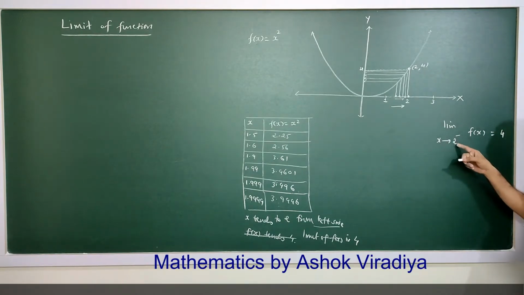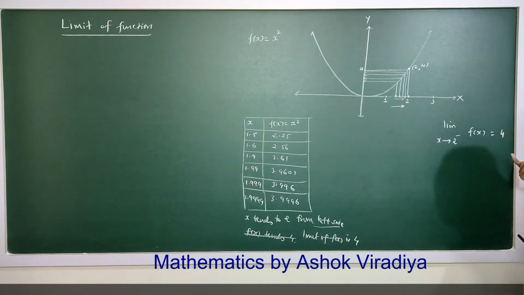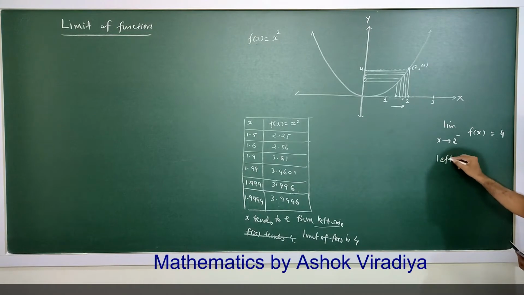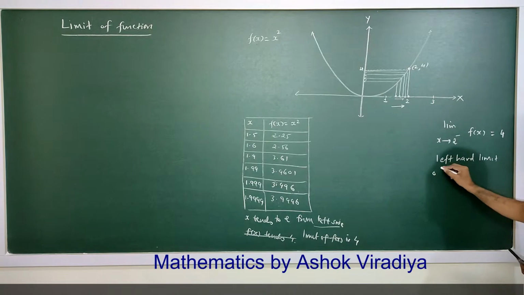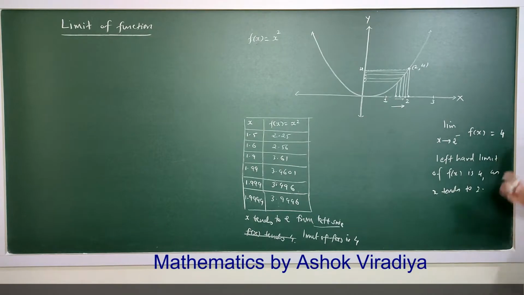As x tends to 2 from left, limit of f(x) is 4. Or this statement can also be spoken as: left hand limit of function f(x) is 4 as x tends to 2. So that is the meaning of a left hand limit of function.